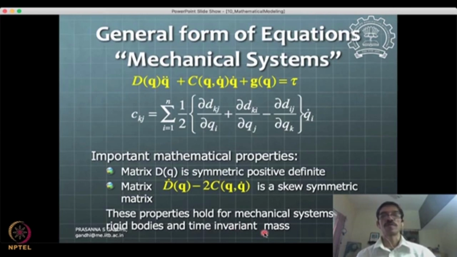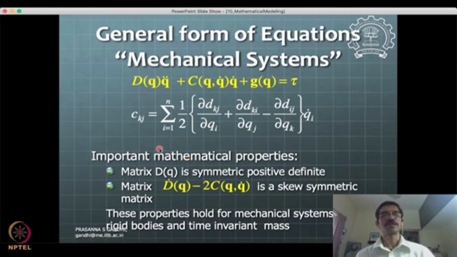Because so far in the derivation, no explicit dependency of D on time is considered. The implicit dependence through q is fine, no problem, but explicit dependence of the D matrix on time is not considered in the whole derivation. That is, explicit dependence of kinetic energy on time, and the D matrix is just a part of the kinetic energy.